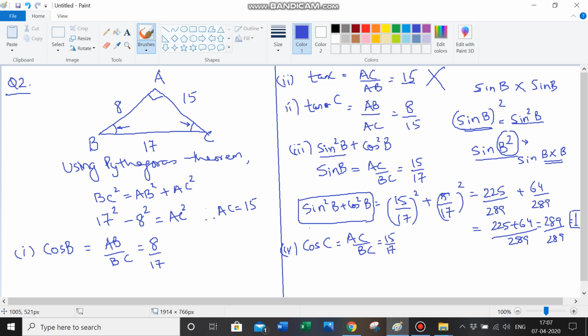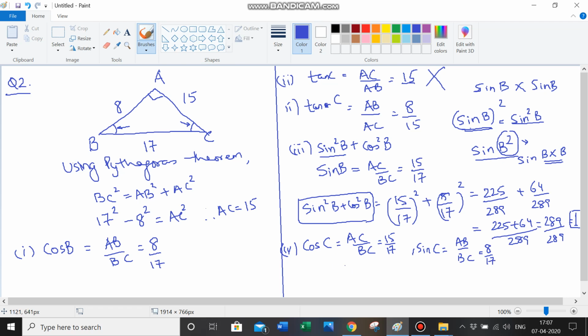I'll need cos B, which I know. I'll need sine C. I haven't calculated it, so let's calculate sine C. Sine C is opposite, which is AB upon BC, which is 8 upon 17.